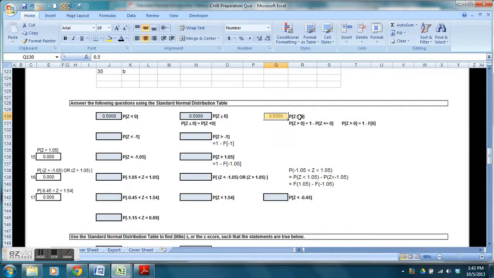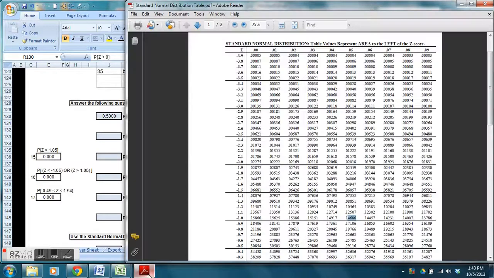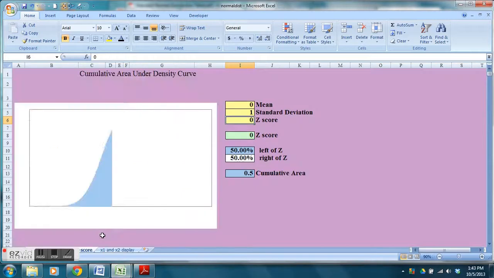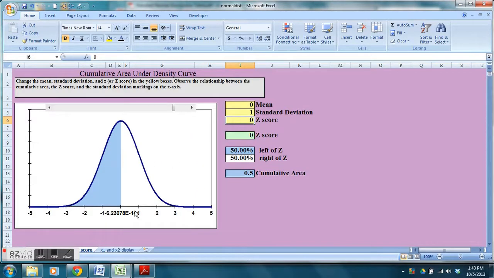So the process is to change whatever probability you're looking for to be in terms of less than or equal to. Why? Because this standard normal table only shows values that represent the area to the left of the z-score. Using the table, you can only find the probability of it being left of a certain value.